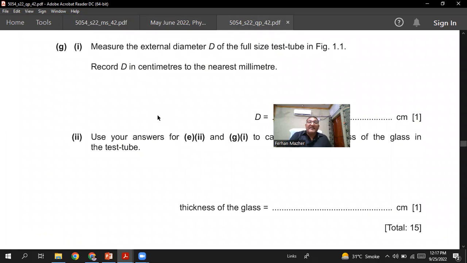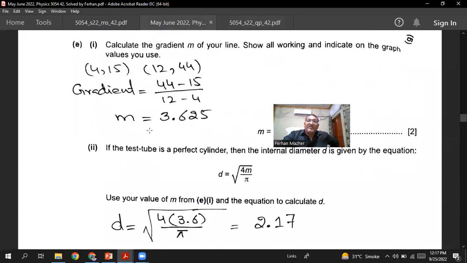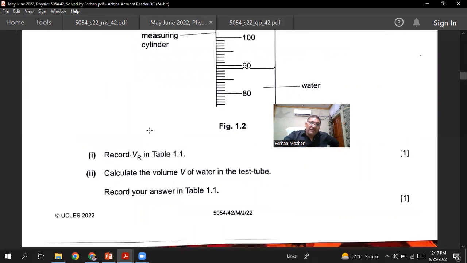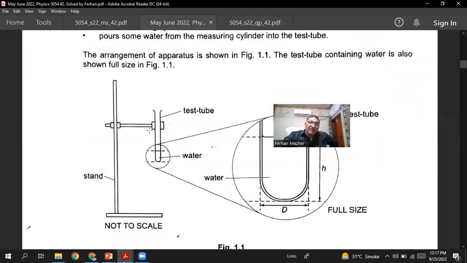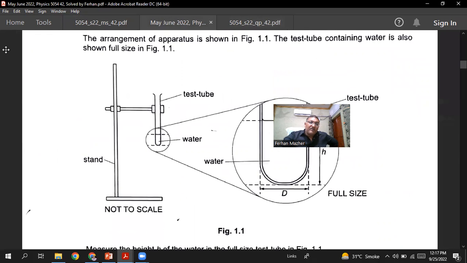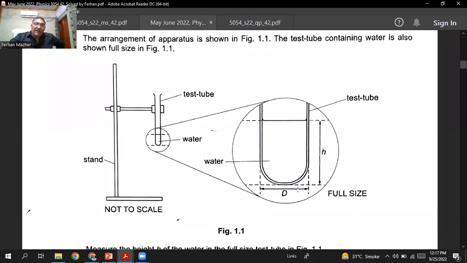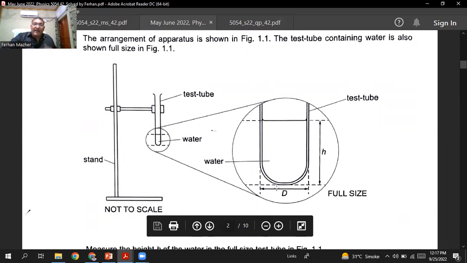It says measure the external diameter capital D of the full size test tube in figure 1.1. So the diagram which was on the first page, figure 1.1 here. Measure with the help of the scale this external diameter.